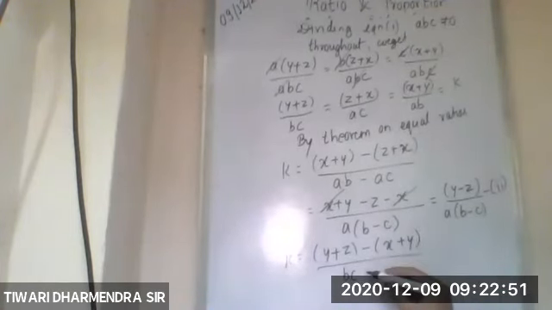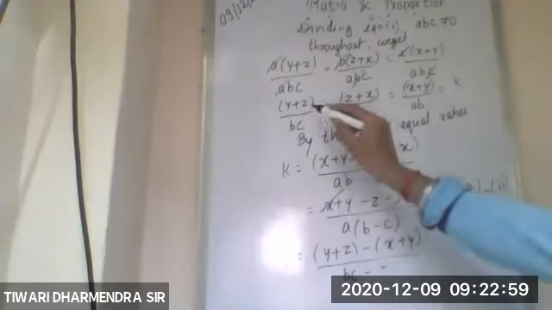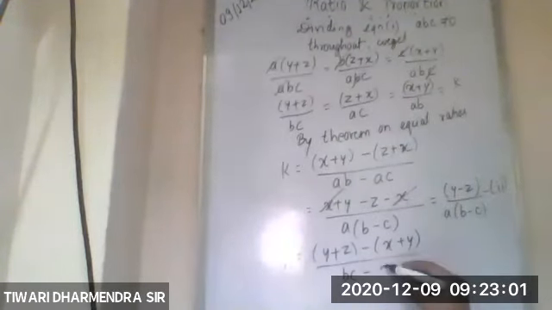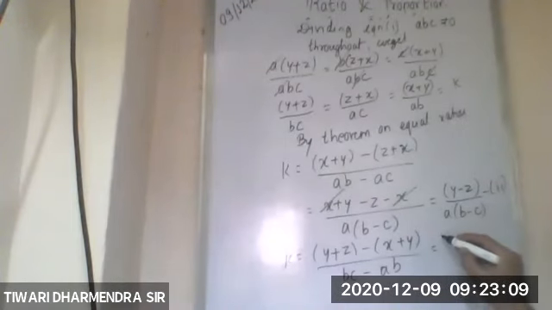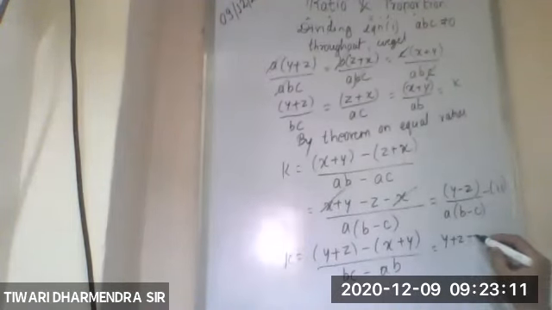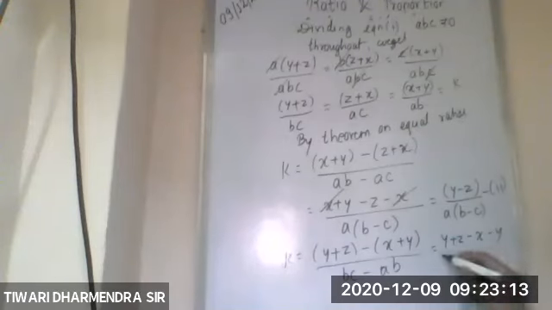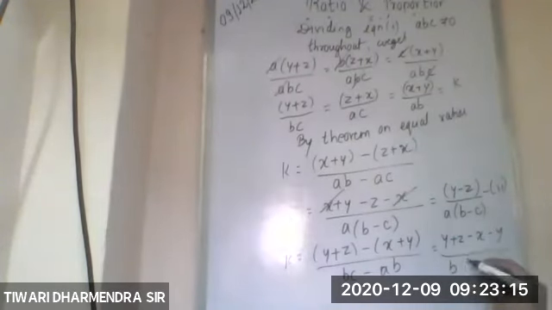BC minus AB. After opening the bracket, what will we get? (y plus z minus x minus y) upon B common.